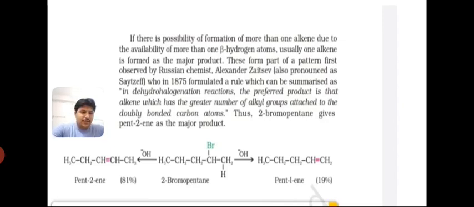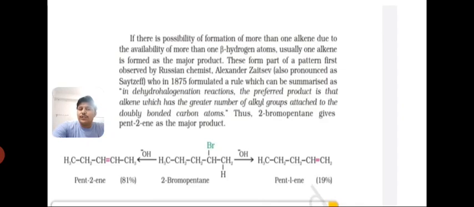You just see the structure of 2-bromopentane. To its left side the longest alkyl group is there, and to its right side the smallest alkyl part is there. That means a 3 carbon chain is present on the left side and 1 carbon part is there on the right side. So the very simple concept is, how can we find the major product?